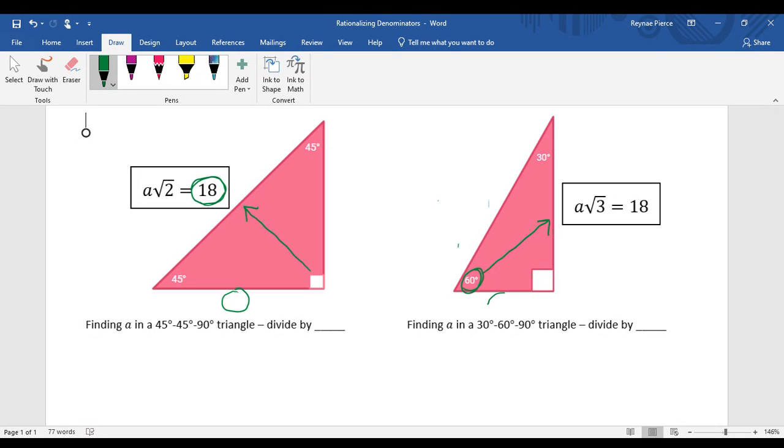In a 45, 45, 90, since the hypotenuse is supposed to be something times the square root of 2, we're going to divide by the square root of 2.